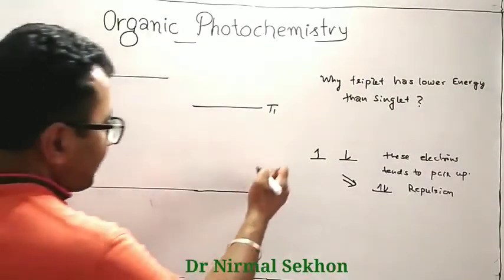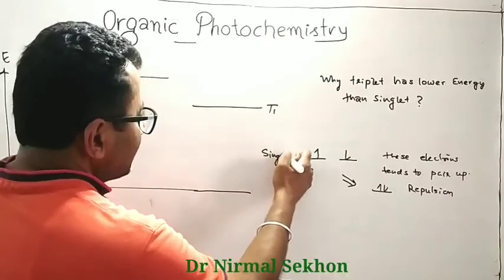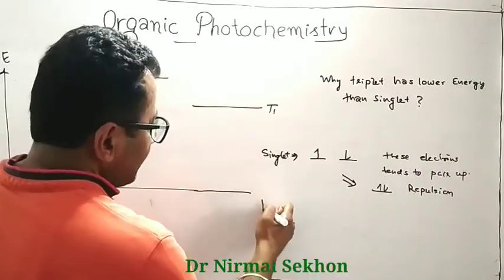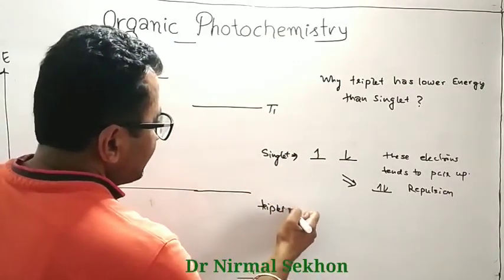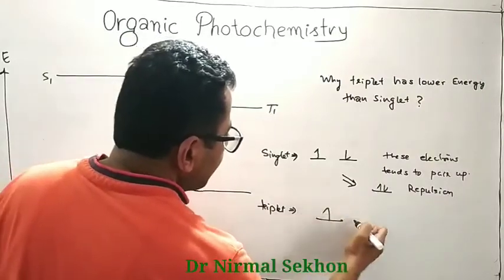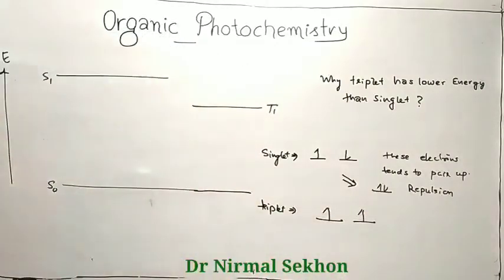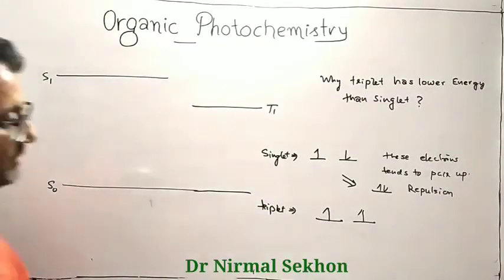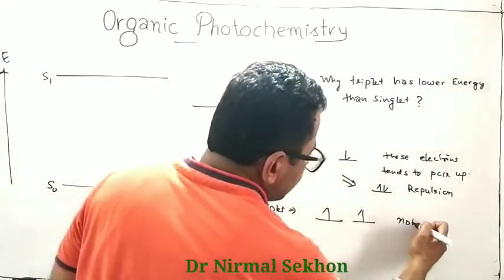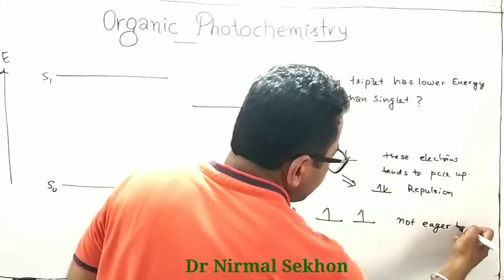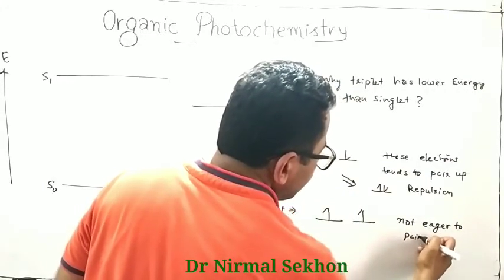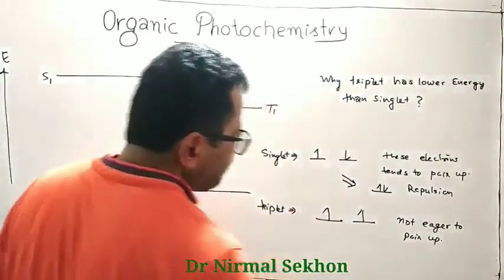But in the case of triplet, that was the singlet. Now we have a triplet. In the triplet, both electrons have the same spin. They are not eager to pair up, because they have the same spin.